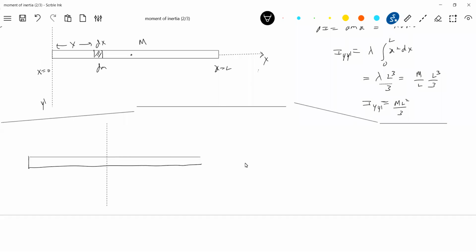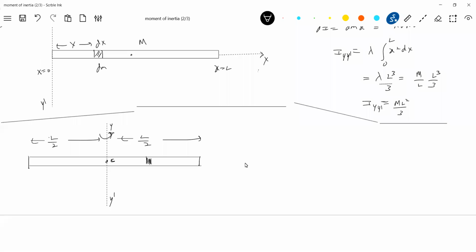Now the axis I'm going to bring exactly at the center. So this length is L by 2. This length is L by 2. Then what is the moment of inertia about the axis passing through its center of mass and perpendicular to its length?